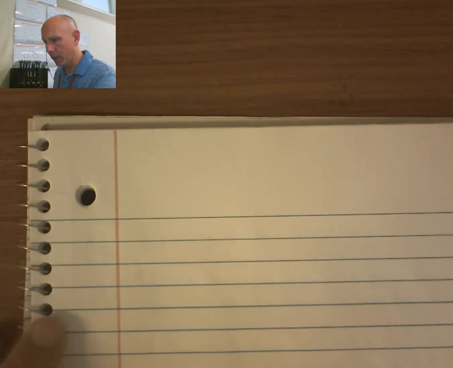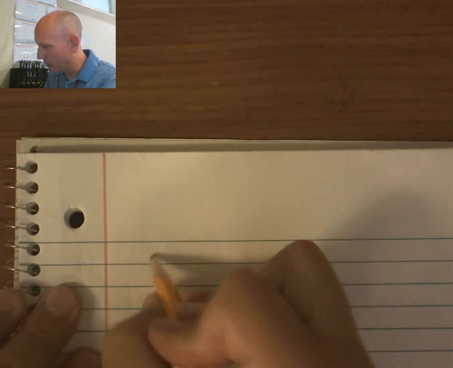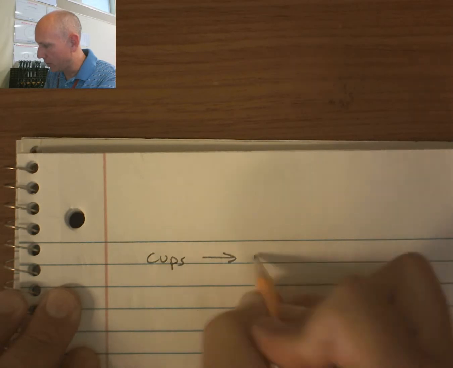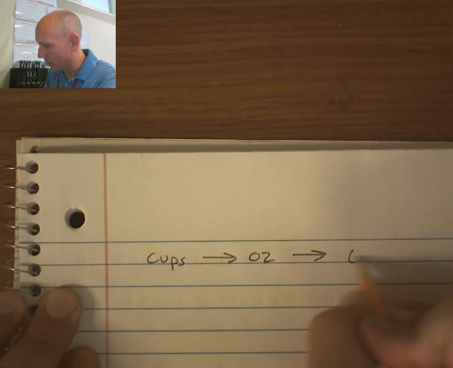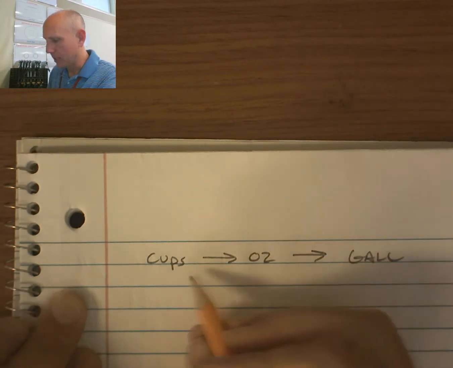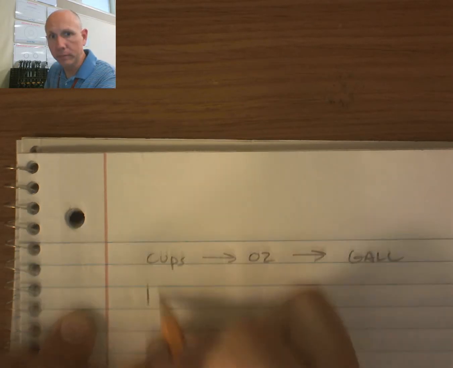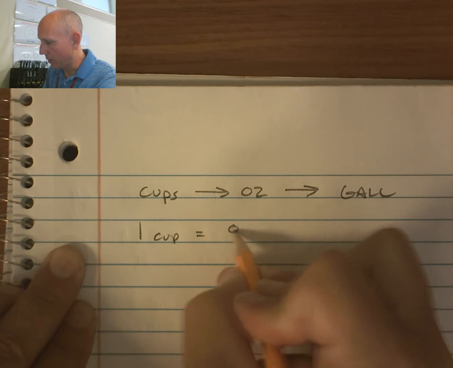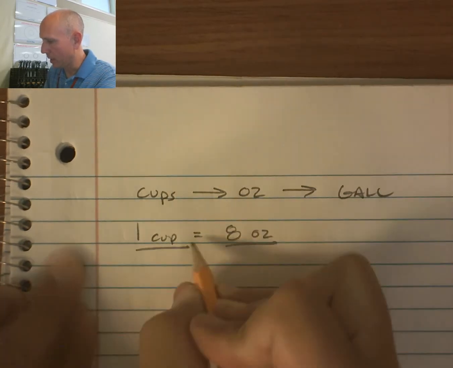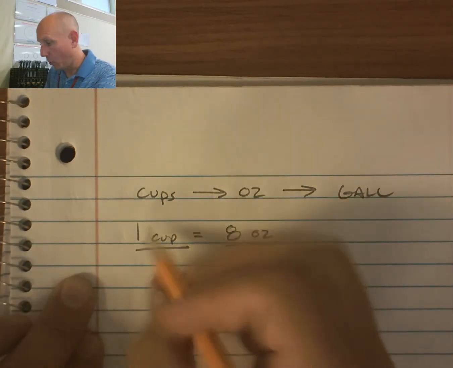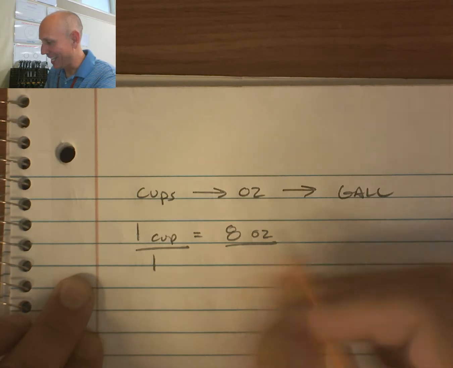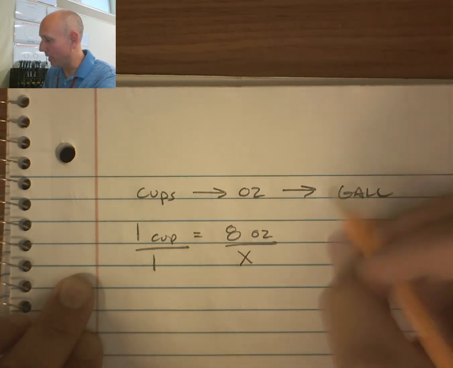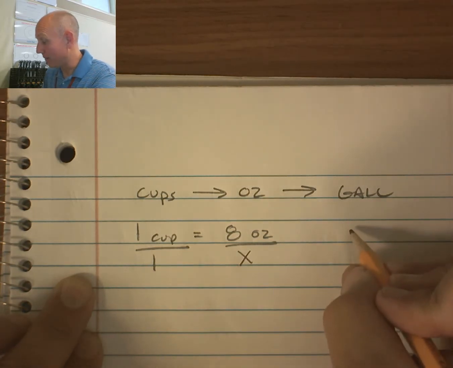So we're going to go cups to ounces to gallons. Cups to ounces, so I know 1 cup equals 8 ounces. I have 1 cup, and to x. So cross multiply and divide, and I have 8 ounces right now.